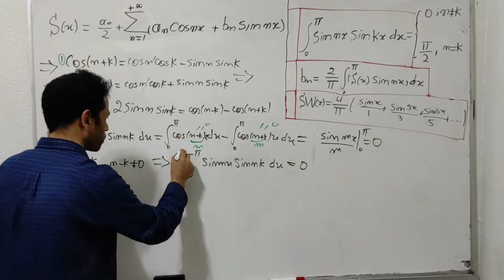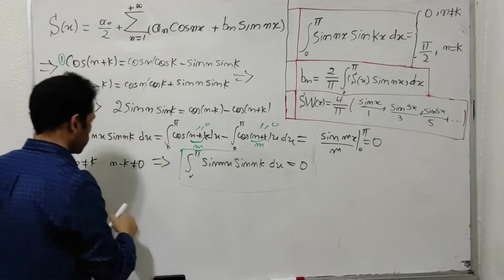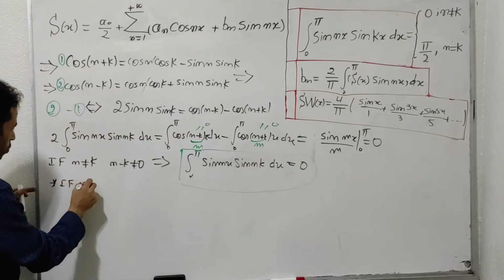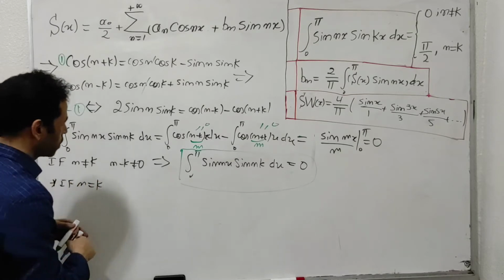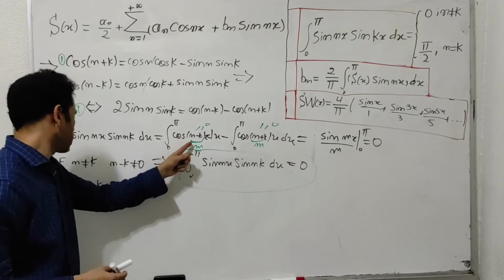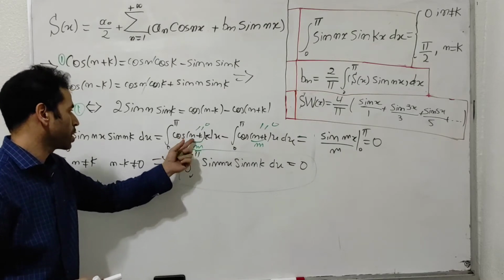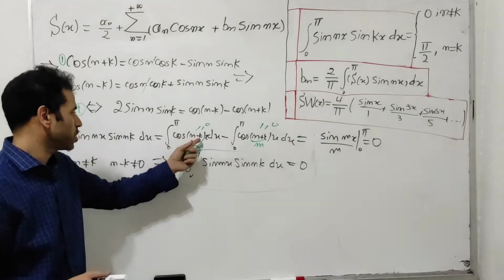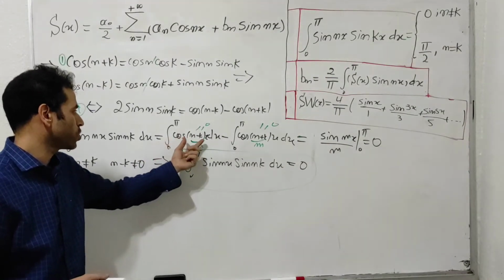This implies the integral as x goes from 0 to pi of sine nx multiplied by sine kx dx equals 0. This is the first case. Let's consider the second case. If n equals k, this one will be different, because n minus k equals 0. If you replace n with k here, n minus k will be 0, so that means cosine of 0, which is 1.